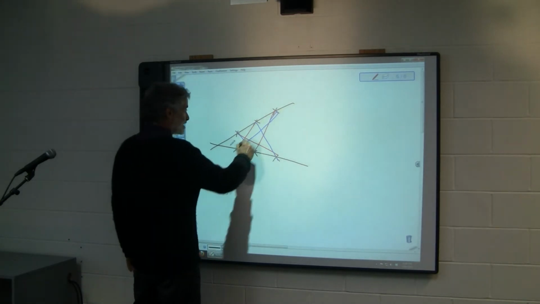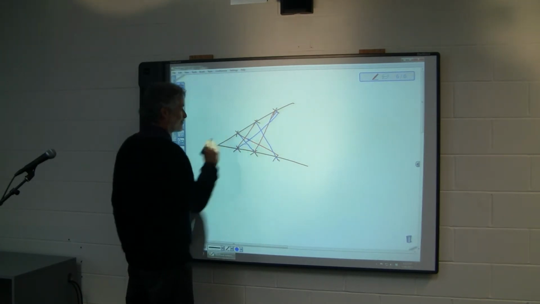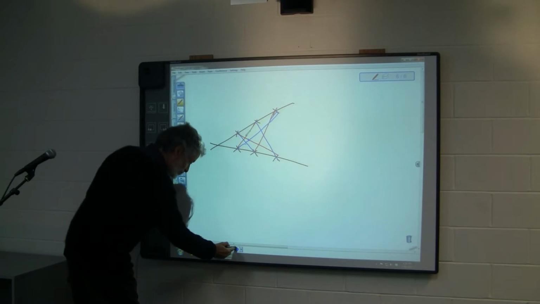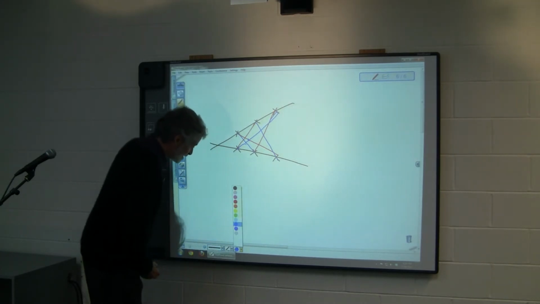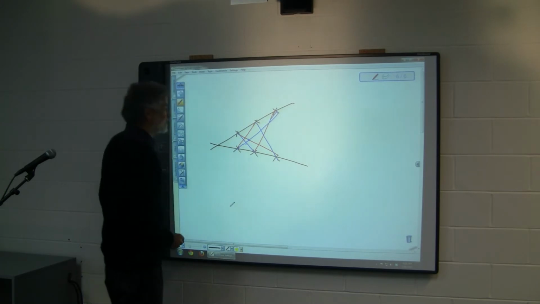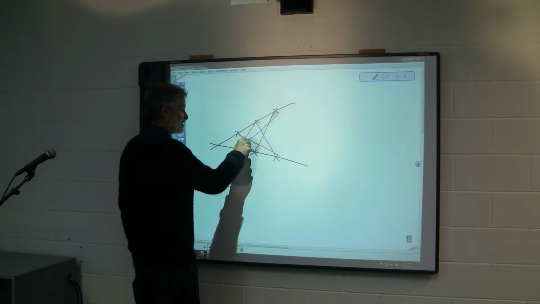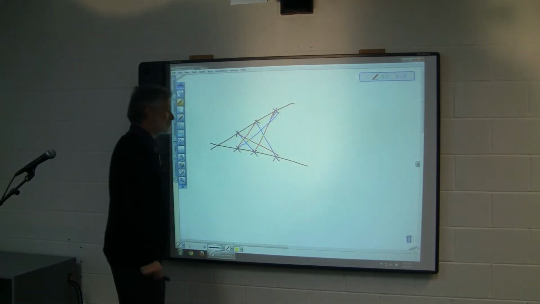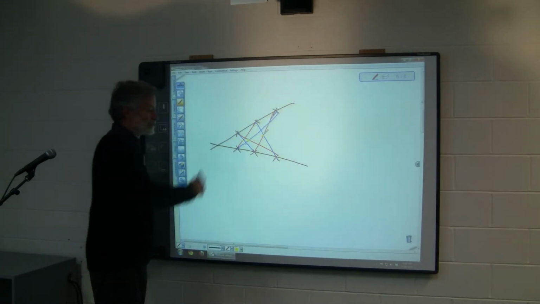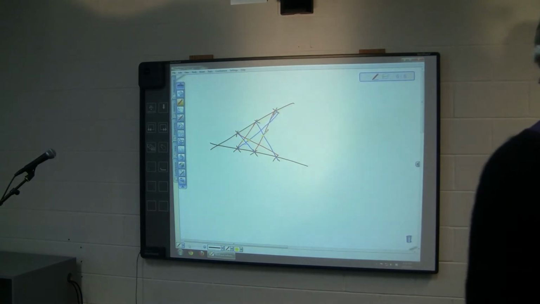This side is opposite to that side, so this is a point of intersection. Maybe I should choose another color for the points of intersection. Yellow. So 1 point of intersection, 2nd point of intersection, 3rd point of intersection, and the theorem tells us they're all collinear. I didn't draw it very well, but they're all collinear.